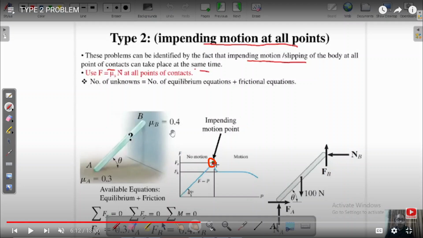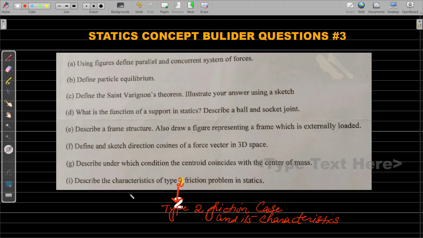Once you go ahead of it, these are type 3 friction problems. So I hope this clarifies your concept, and do not forget to write this equation and these 1, 2 and 3 bullets, they are very important. I hope this explains the characteristics of type 2 friction problems in statics very clearly.